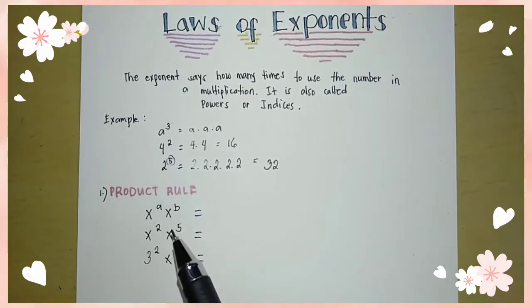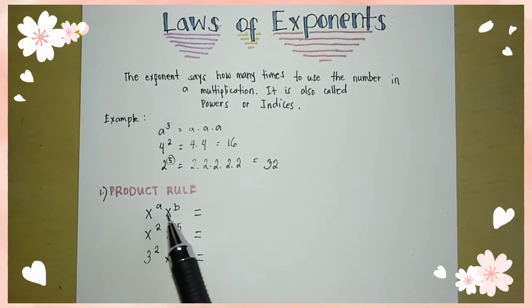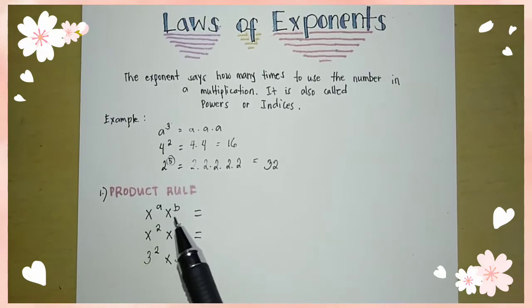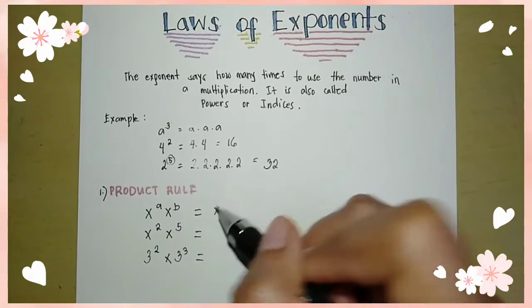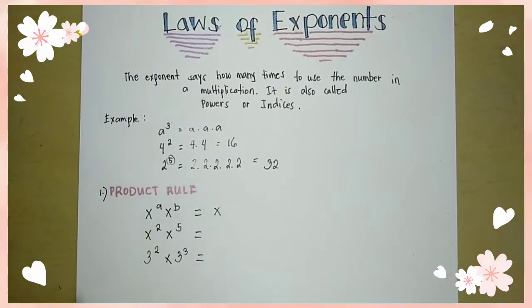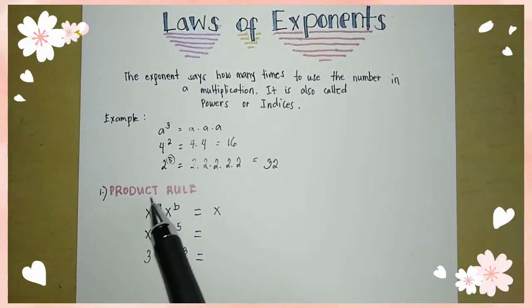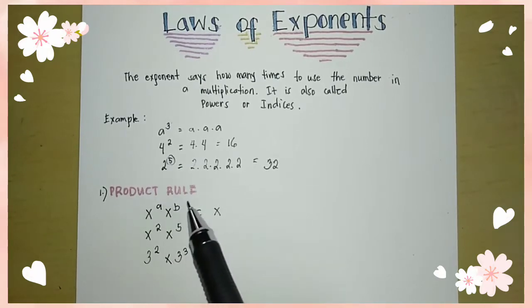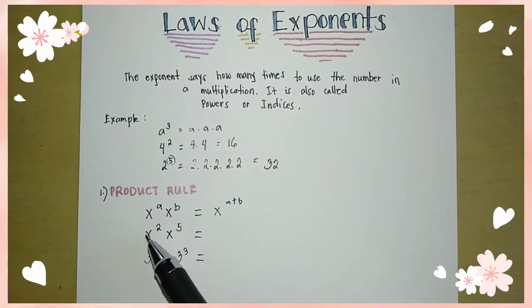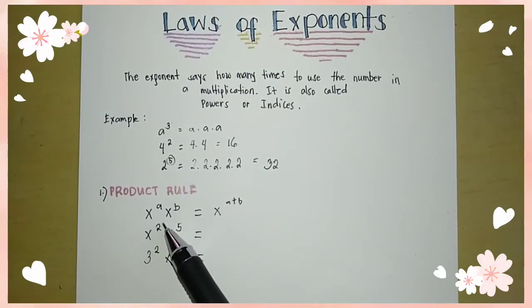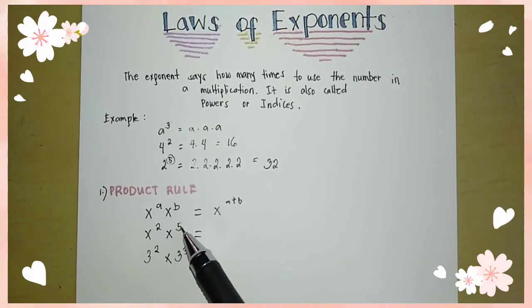Okay? And sabi ko nga kanina, paano ba natin mape-perform yung product rule? Dapat parehas yung ating base. So, as you can see, parehas na silang x. Ang gagawin natin dyan, we are just going to copy x. And then, dahil nga product rule siya or multiplication, ang gagawin natin sa exponent nila is i-add natin. Okay? And then, next is, we have x raised to 2 and x raised to 5.